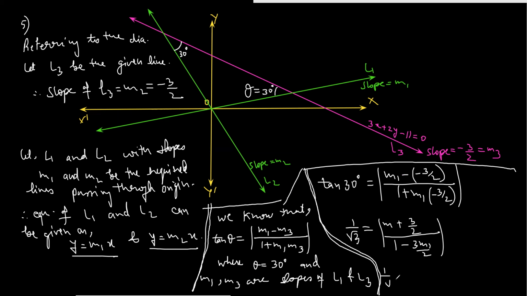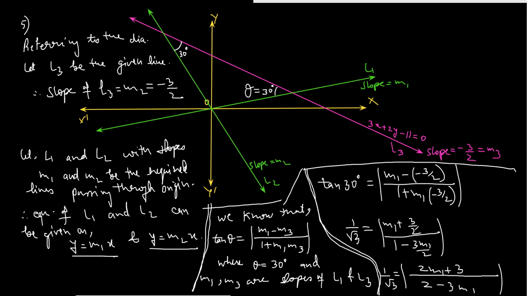So therefore 1 upon root 3 equals 2m1 plus 3 upon 2 minus 3m1, and then the 2 will cancel. See, this 2 after LCM.